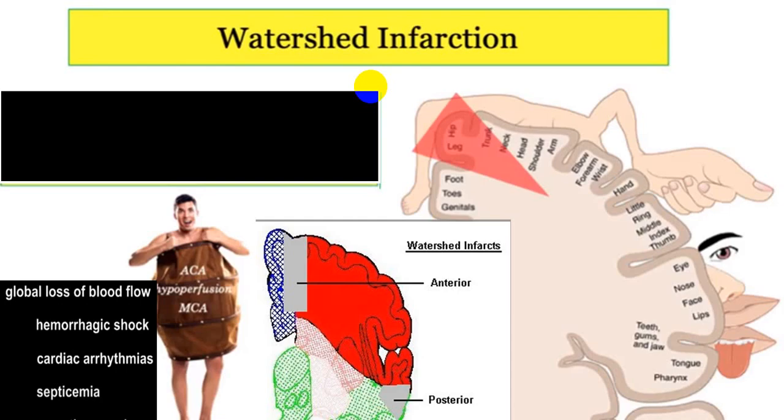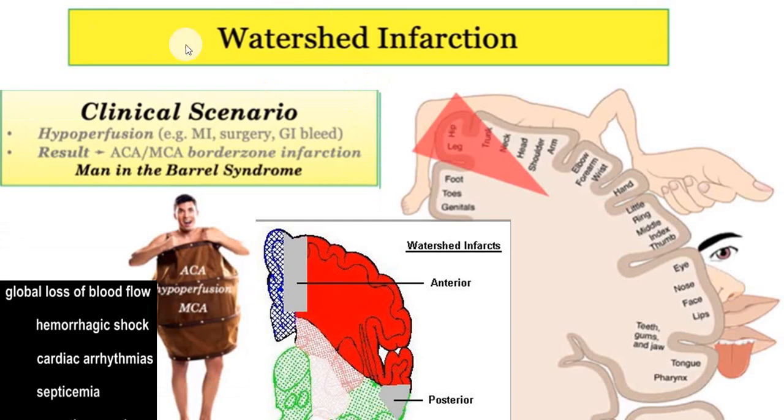Watershed infarcts will produce hypoperfusion, the most common cause, particularly shock stage, and it will result in border zone areas or watershed areas between ACA and MCA territory, and it will be almost like man in a barrel, or we call global loss of blood flow: hemorrhagic shock, cardiac arrhythmia, septicemia, even in narcotic overdose. So this will be the watershed areas.